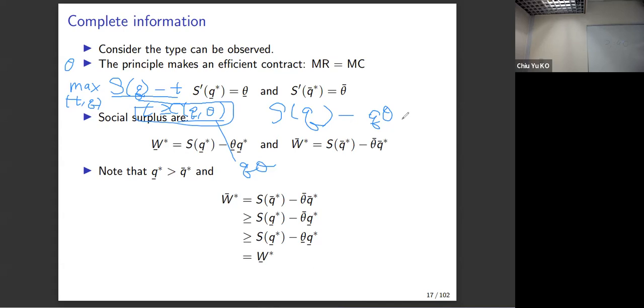And for this one, you can show that the social surplus of the high type is actually higher than the low cost one.